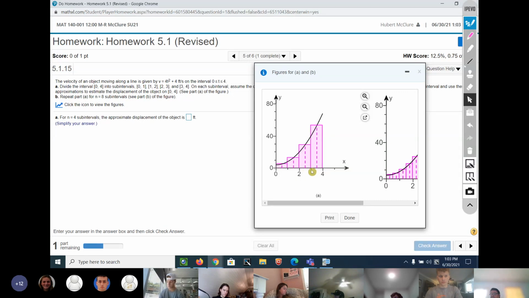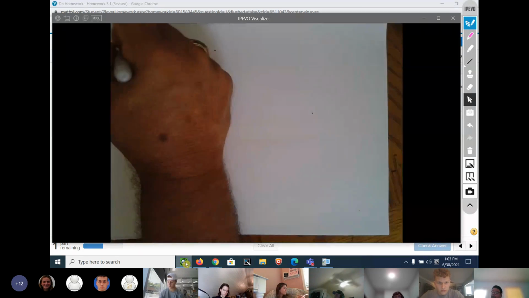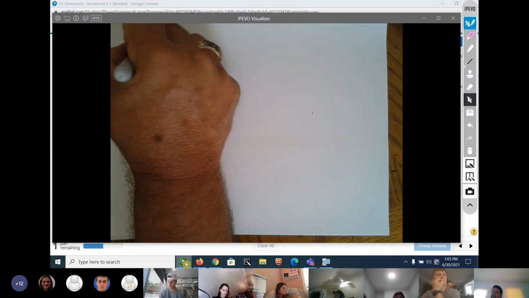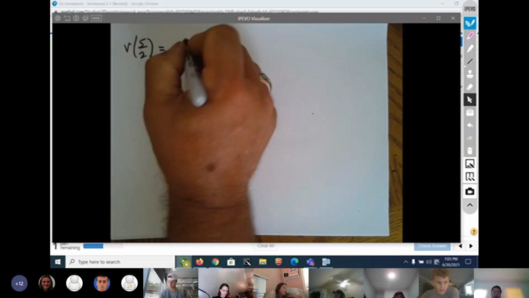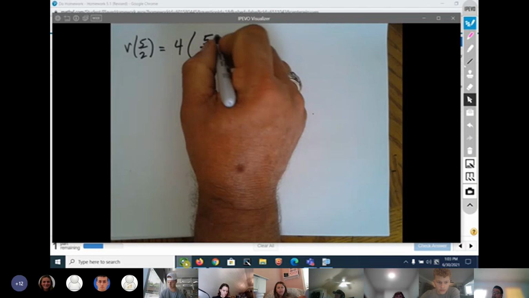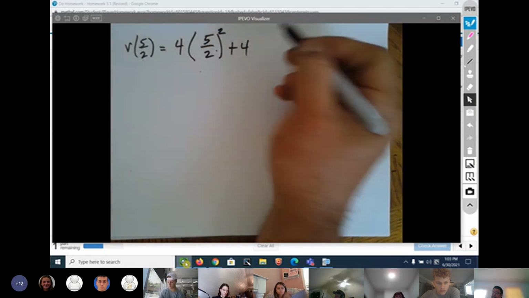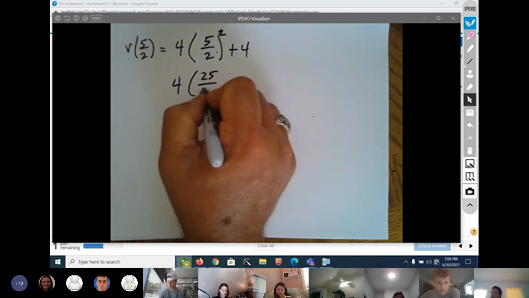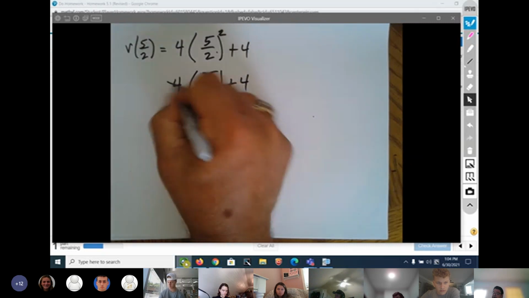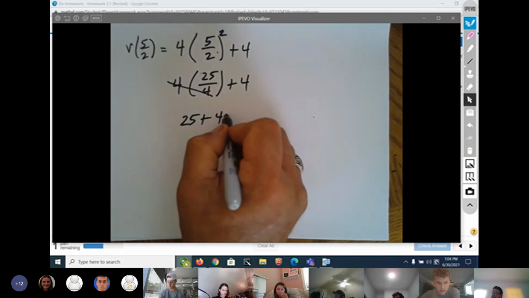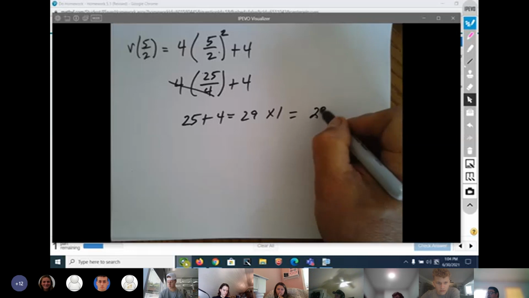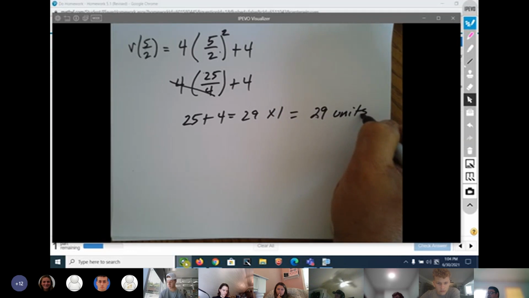So I'm going to put in 5/2. So V of 5/2 is going to be equal to 4 times 5/2 quantity squared plus 4. 4 times 25/4 plus 4. 25 plus 4 is 29 times 1, 29 square units.